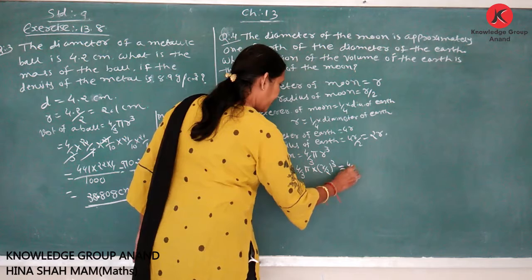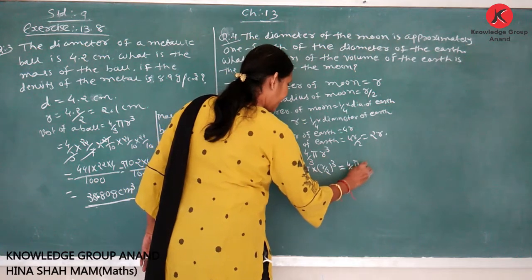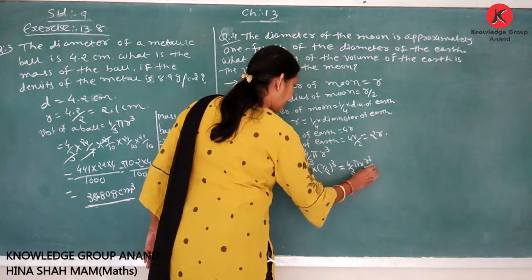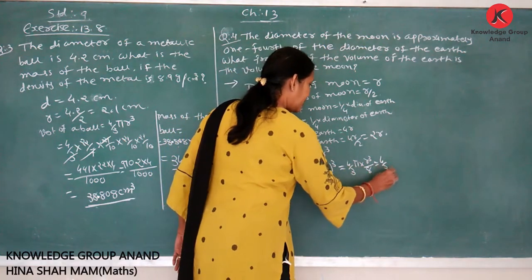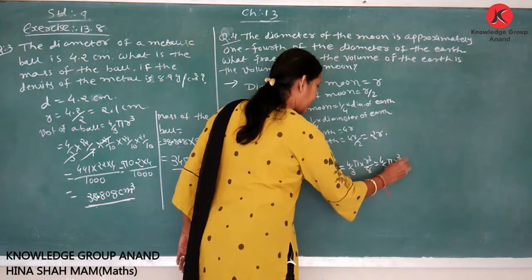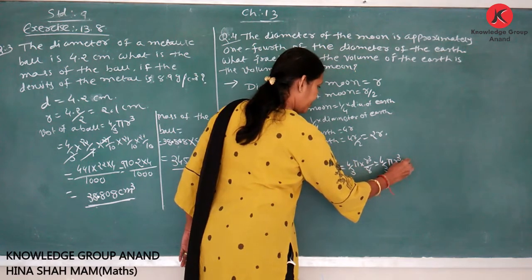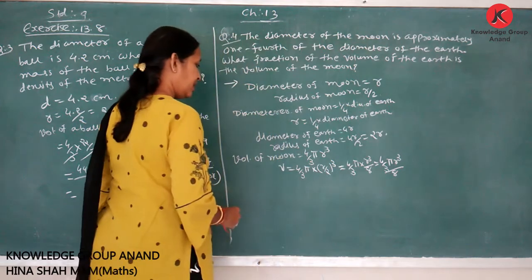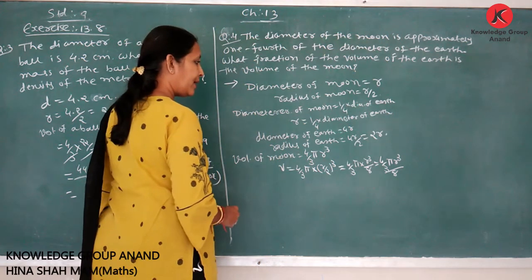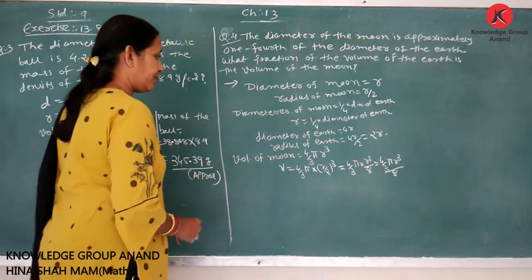That is equal to 4 by 3 pi into R cube upon 8, which is equal to 4 by 3 pi R cube upon 8.